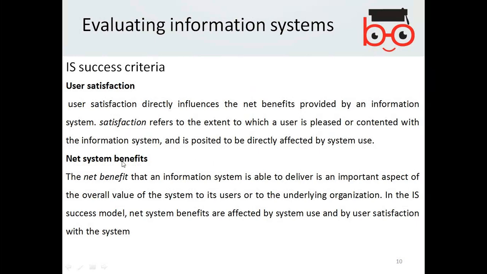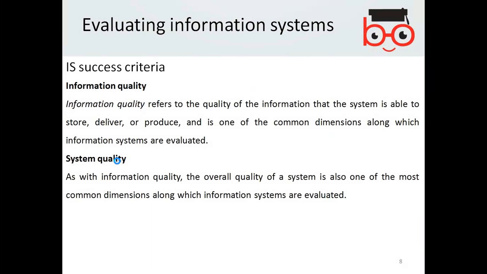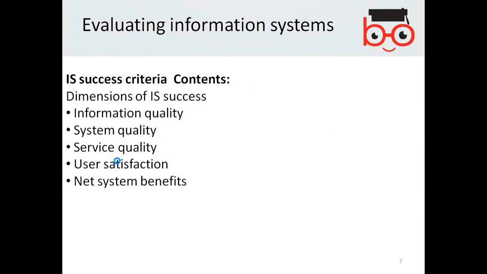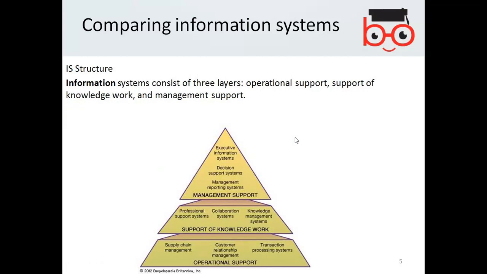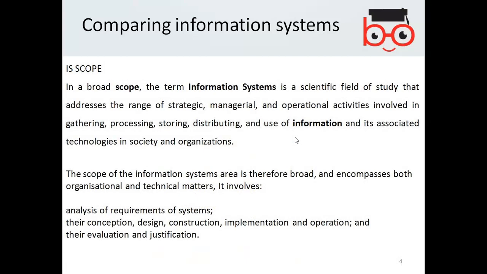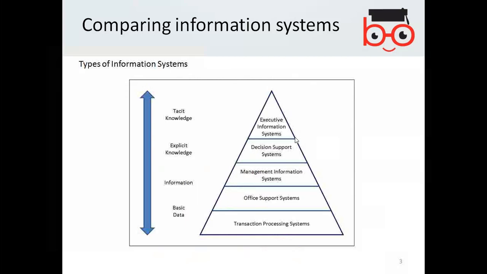Success criteria depend on the user needs: overall satisfaction, service quality, information quality, structure itself, structure regarding the functions, and a few more things we discussed. And the scope should be well known.